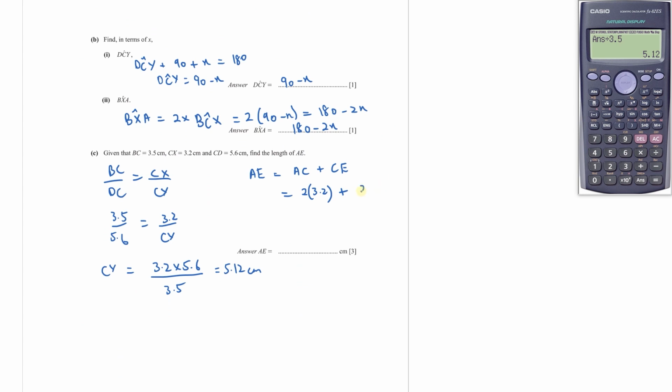So 2 times the length CY is 5.12. So let's calculate this. 2 into 3.2 plus 2 into 5.12. So this is 16.64 centimeters. So your length AE is 16.64 centimeters. So this is the end of paper 2, variant 2 for October, November 2018.